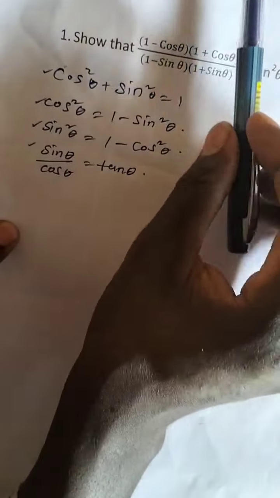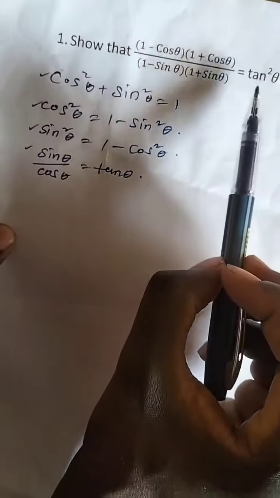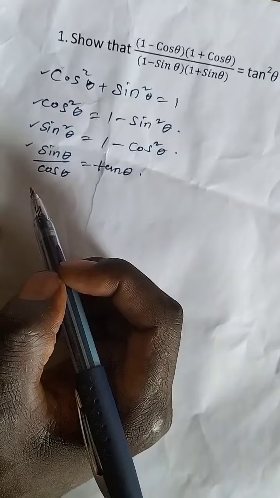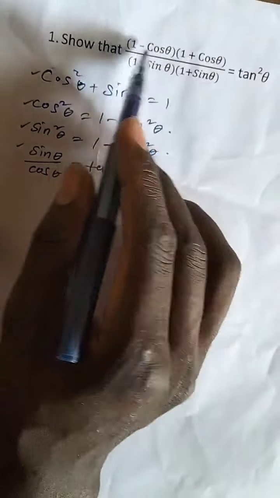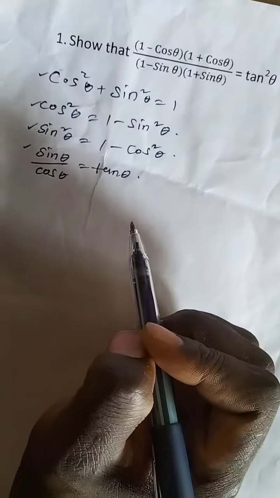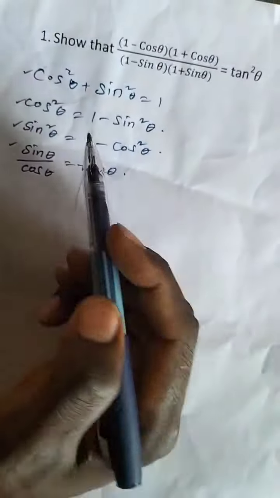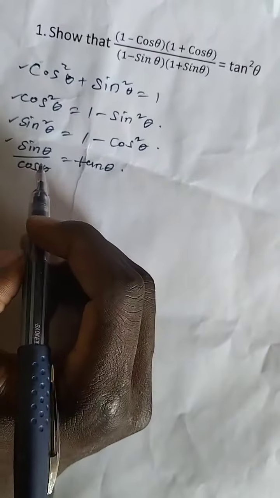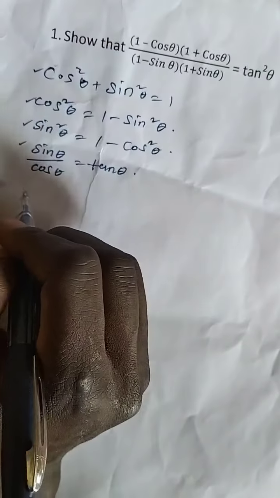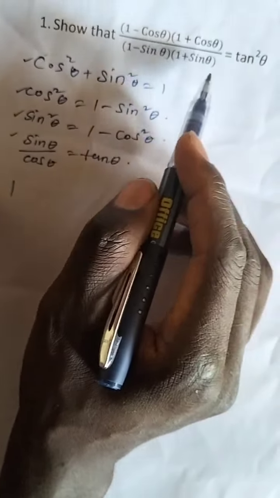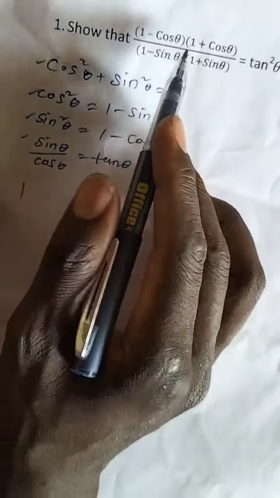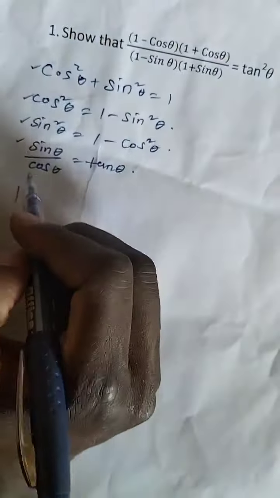So we will first of all solve this to prove or to show that we are getting tangent squared theta. We start by opening both the numerator and the denominator. So let's start with multiplying this one: (1 minus cosine theta) times (1 plus cosine theta).